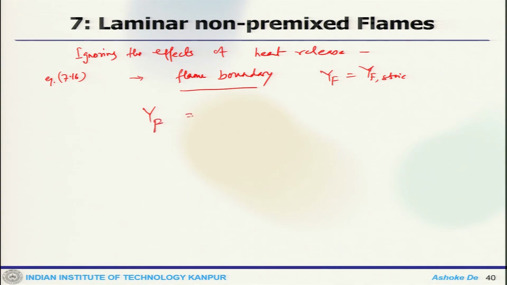In that case, this will boil down to an expression in terms of xi square by 4 minus 2.